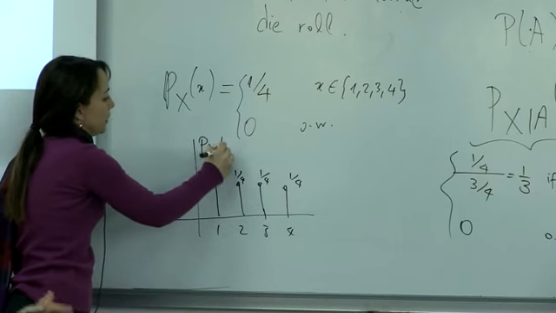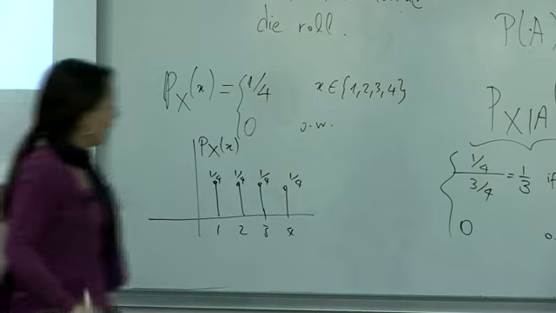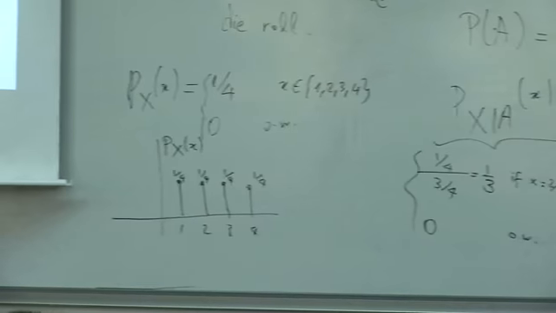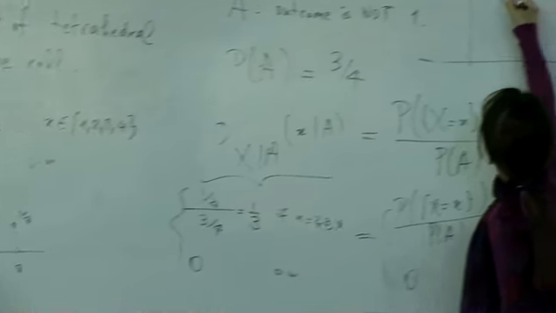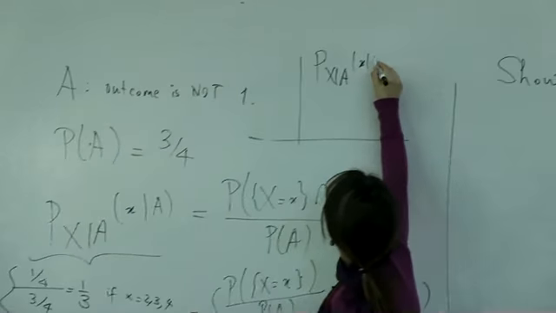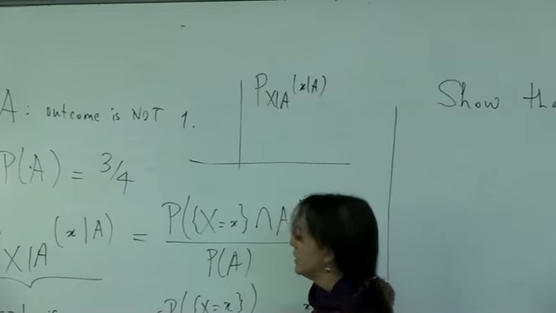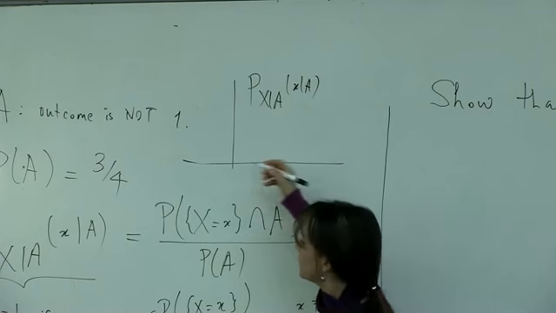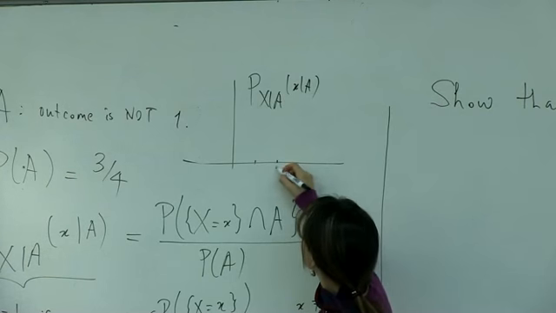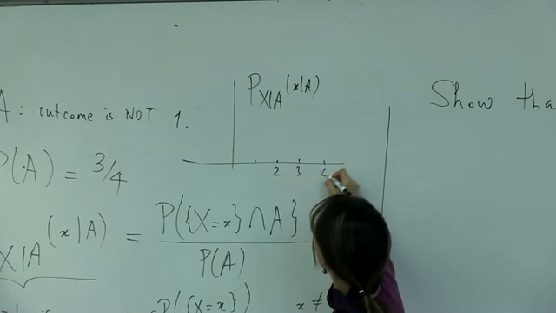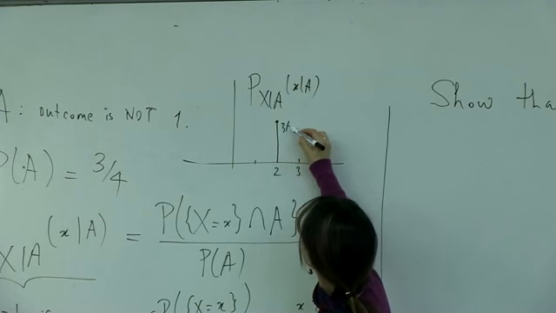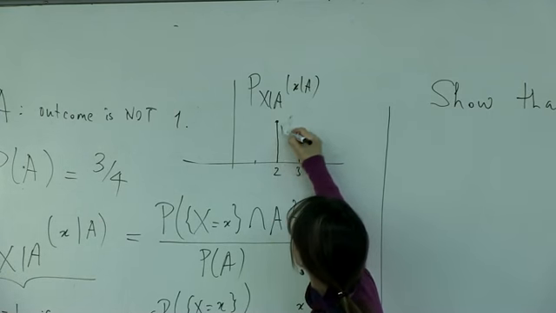This is P_X(x). And P_{X|A}(x|A) now takes values only at 2, 3, and 4. The heights are 1/3.